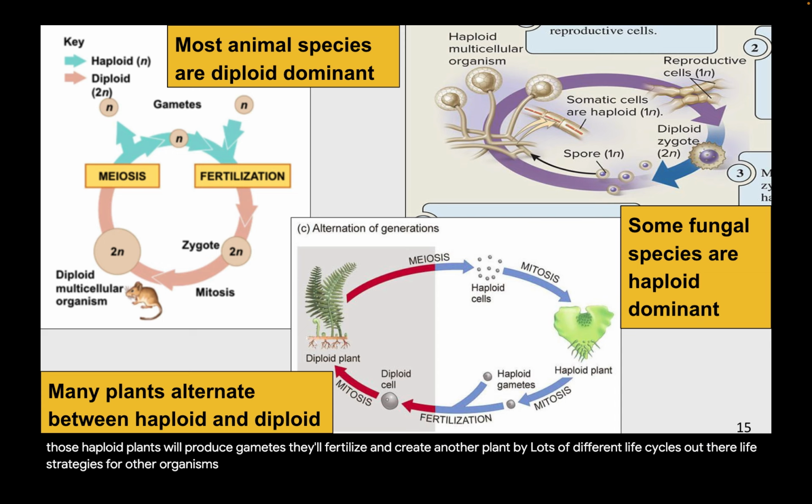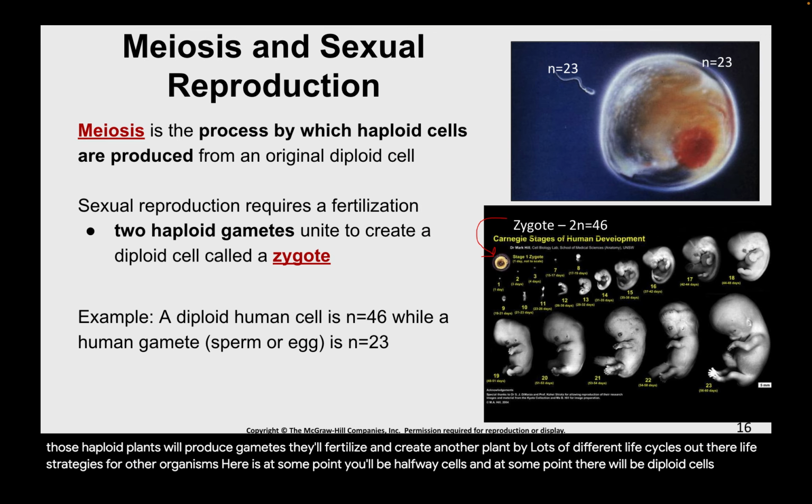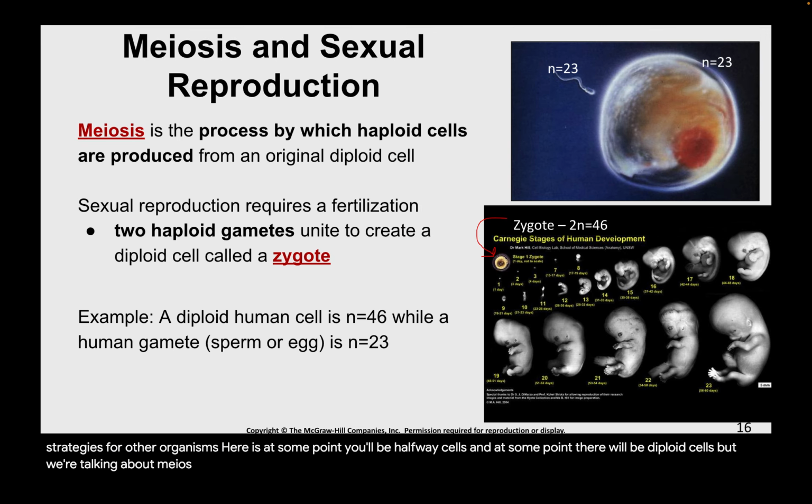But the key here is at some point there will be haploid cells, and at some point there will be diploid cells. So if we're talking about meiosis, we're talking about the production of haploid cells, or gametes. In meiosis, we are producing haploid cells from an original diploid parent.